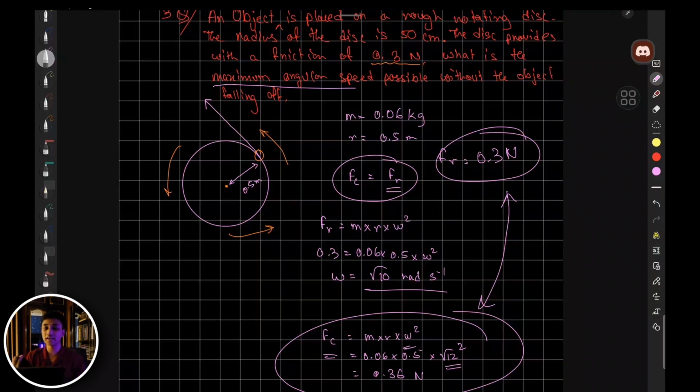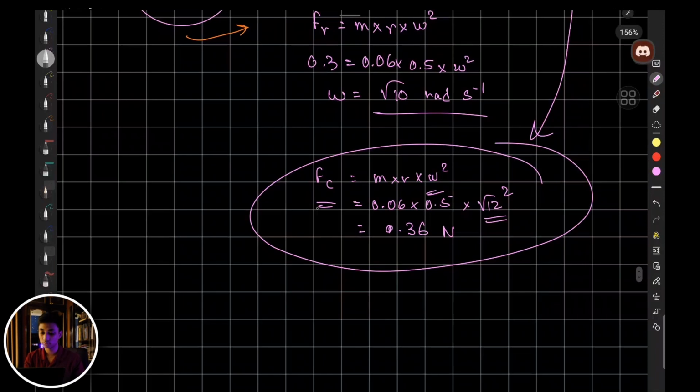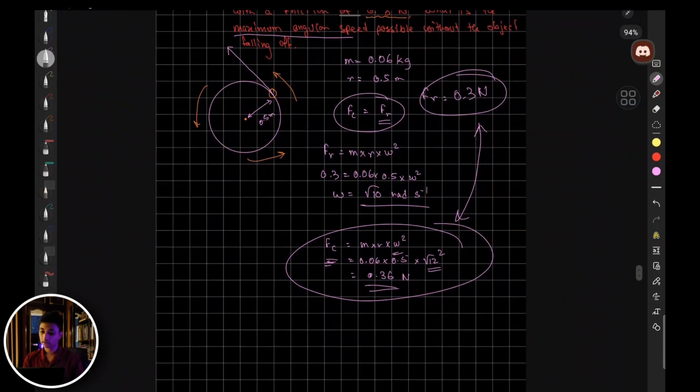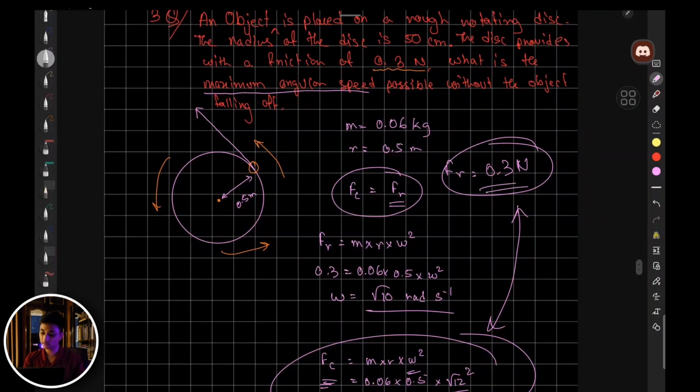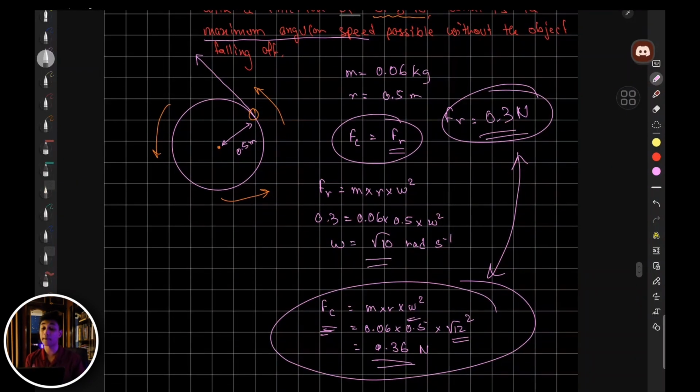Because it won't be able to counteract this new centripetal force, which is greater than the friction. The friction won't be able to provide this much centripetal force. Therefore, they've mentioned maximum angular speed. Because for this friction, root 10 is the maximum angular speed possible. If you increase the angular speed greater than root 10, the object falls off.